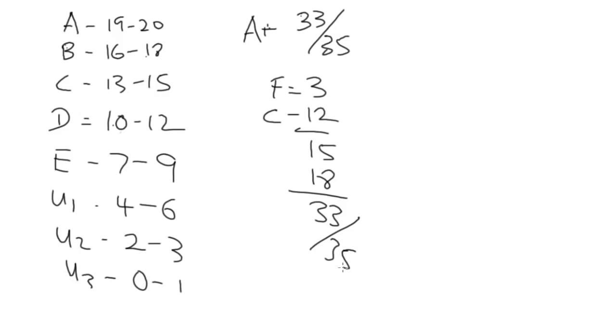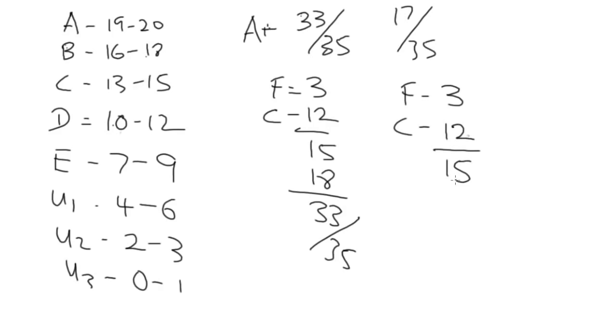So to just pass for a 17 upon 35, you need to get full marks for your format. Content should be full 12, that is 15, and language, never mind, forget about 12.